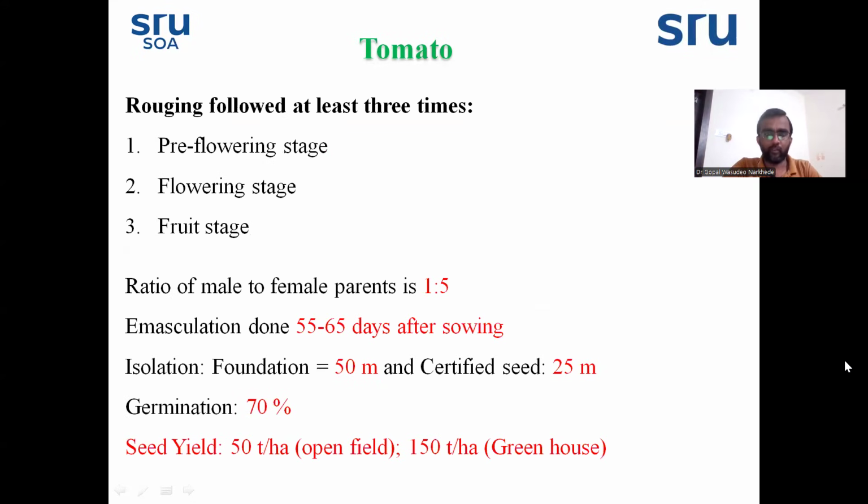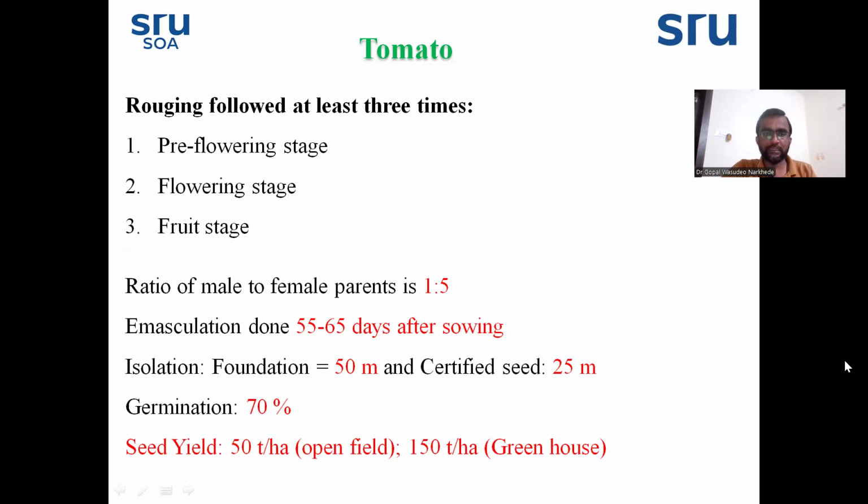Again, rogueing means removal of unwanted off-type plants. Okay. So three different stages, that is pre-flowering stage, flowering stage and fruiting stage. Ratio of male to female is 1:5. Right? Emasculation is done 55 to 65 days after sowing.